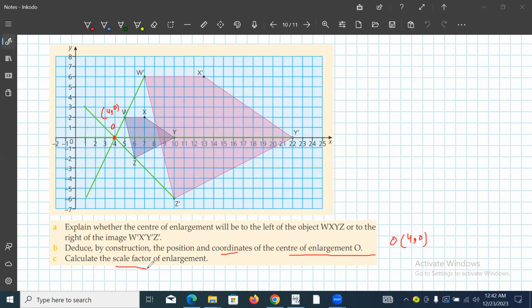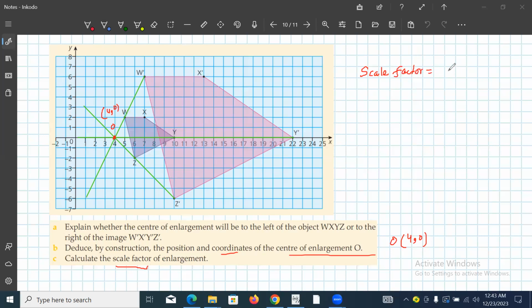So here, how to calculate the scale factor? As I mentioned at the start of the video, the scale factor basically represents the ratio of the length of corresponding sides of the image and the object. So the scale factor, you can choose any two sides.